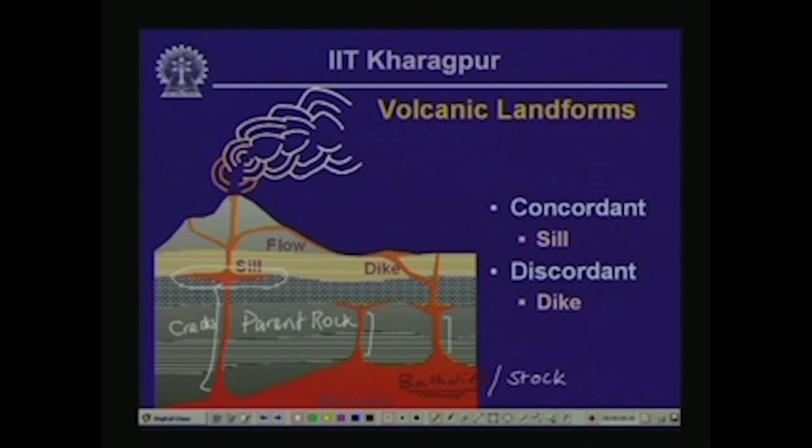or they may eventually find their way up to the atmosphere through a volcano, or they might actually end up flowing on the ground, which is known as lava flow. An example of lava flow is the Deccan trap.